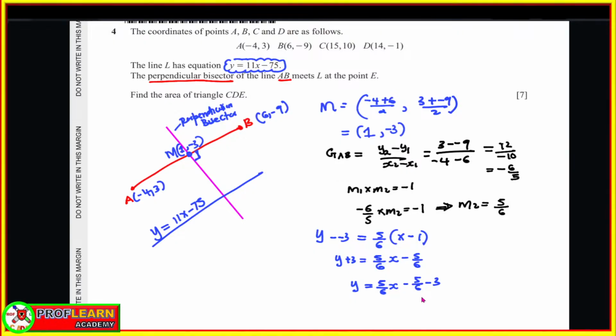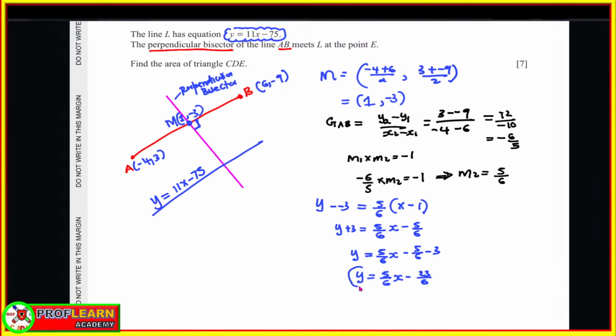If you work it out, you get y is equal to 5 over 6x minus 23 over 6. So this is the equation of the perpendicular bisector. This is our perpendicular bisector.